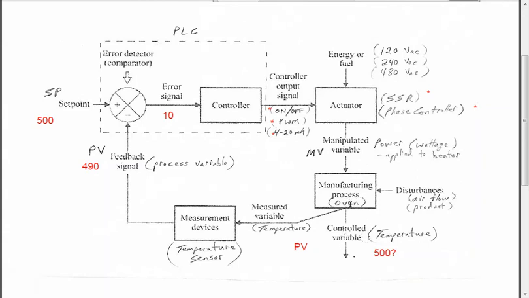That controlled variable, like we said, is actually the process variable inside the oven that you're trying to control, and then you're trying to measure it, and then you're trying to get it fed back so the controller can understand what to do and make good decisions, whether to turn the actuator more on or more off, to throttle the manipulated variable that controls how much power is being given to the heaters.